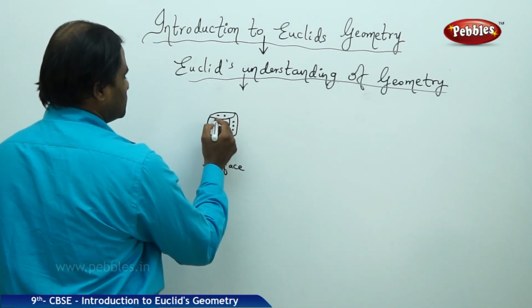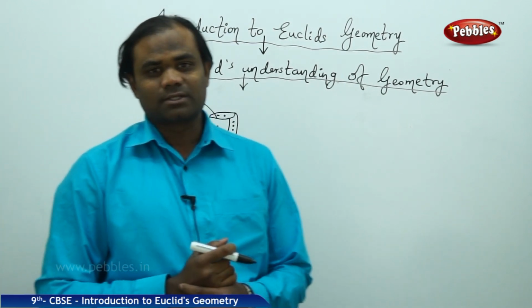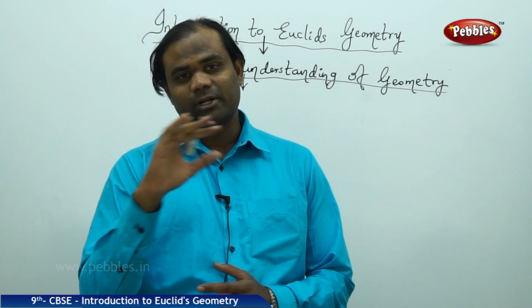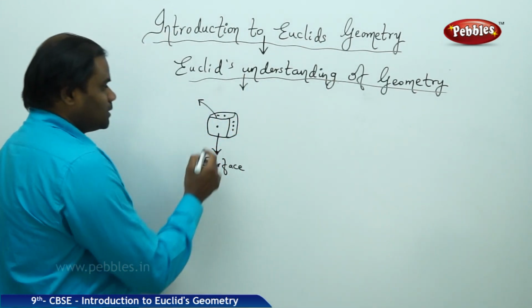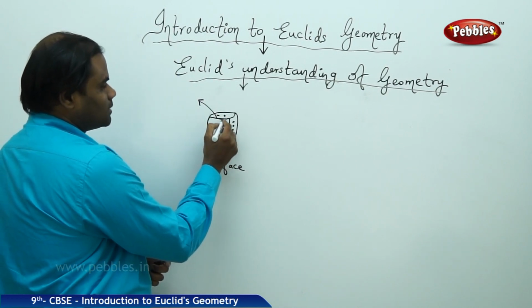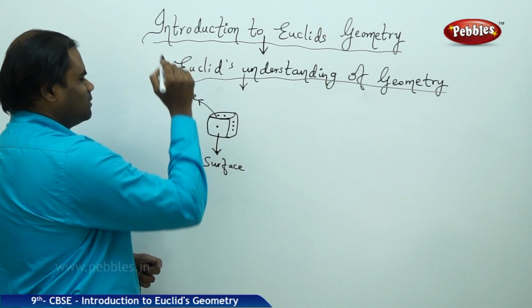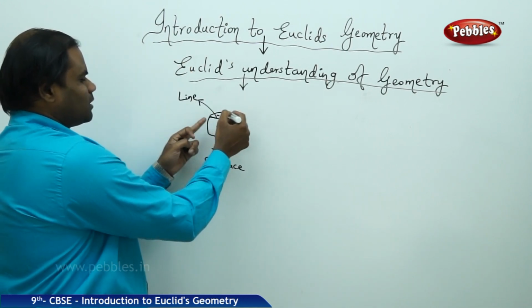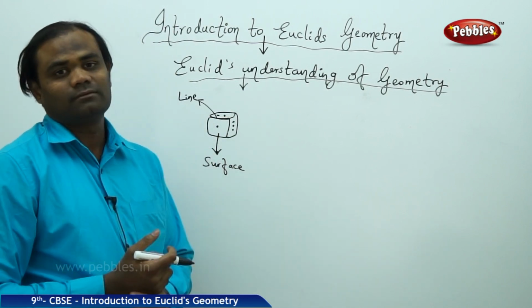And according to Euclid's geometry, every surface is separated from the other surface by a line or a curve. In this case, this surface is separated from this surface by this line, as can be clearly seen. So surface 1 and surface 2 are separated by a line or a curve.